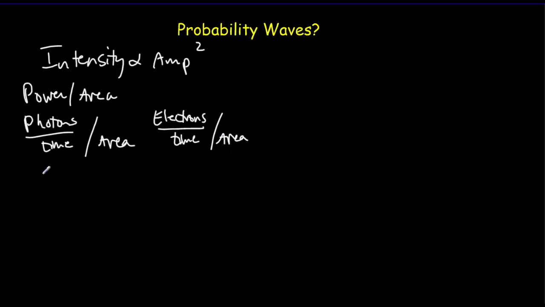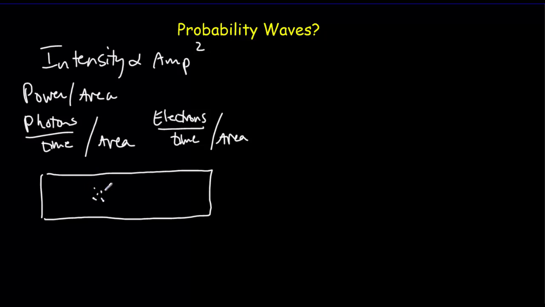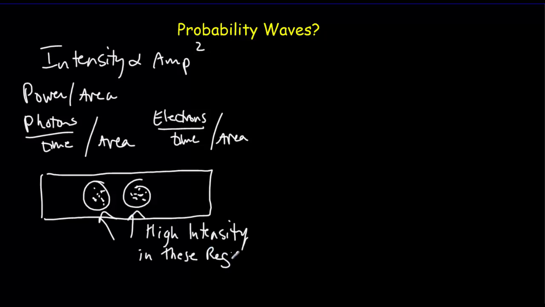So let's say we imagine we've got a screen that's detecting electrons striking that screen. Every time an electron strikes the screen, it leaves a dot, and let's say it leaves a pattern something like that. Then we could say that we have high intensity in these regions.